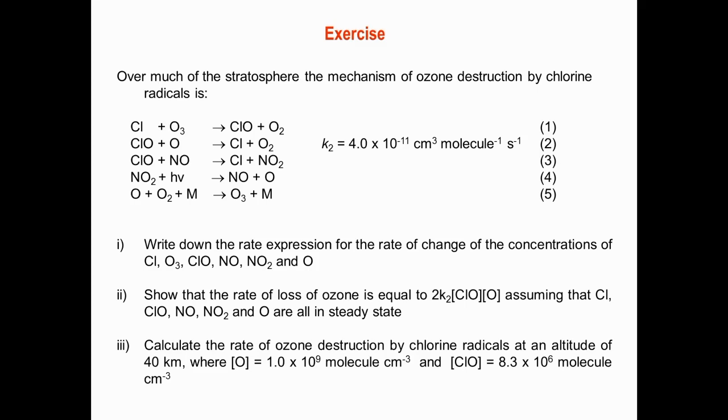So it's k3 times [A] times [B] times [M]. Okay? What's the loss? So AB is only produced in this reaction. What's the loss rate of AB?